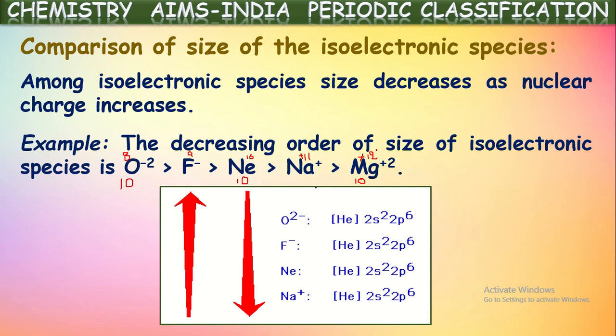That is why among these all, Mg plus 2 has the smallest size, whereas O minus 2, because it has only 8 units positive charge, but a greater number of electrons, that is 10 electrons, size will be much larger for this. The greatest sized species is oxide ion or O minus 2 ion. Got it? As the nuclear charge increases, size decreases among the isoelectronic species.